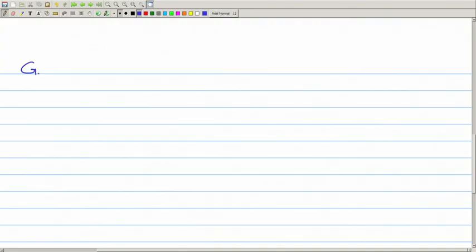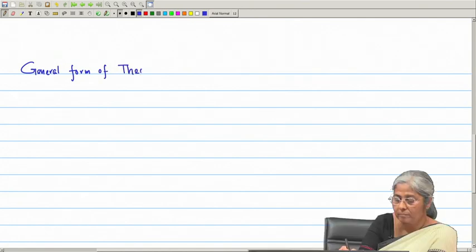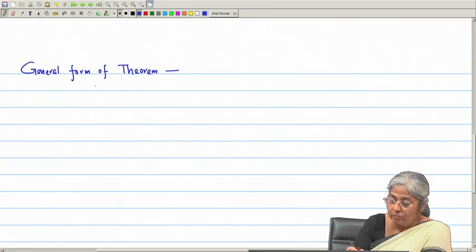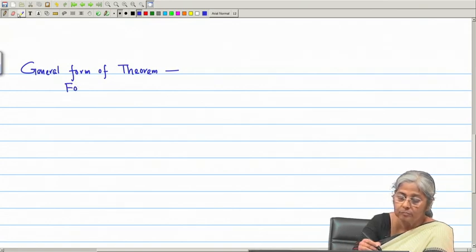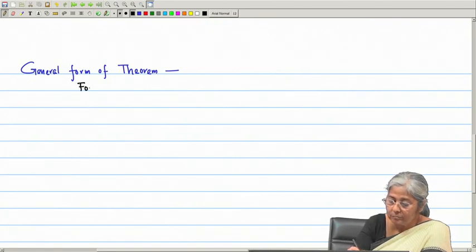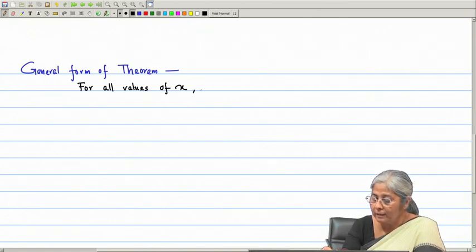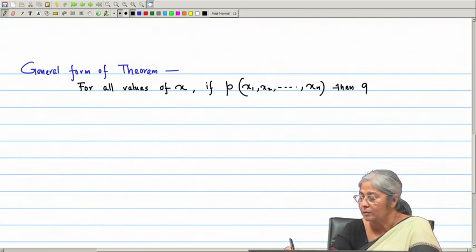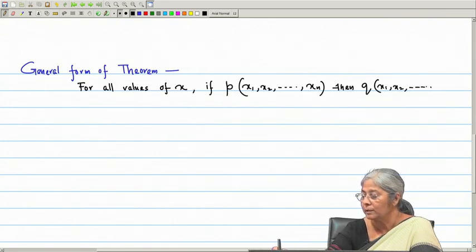So, the general form of theorem. I can write that for all values of x, if p(x1, x2, ..., xn), then q(x1, x2, ..., xn).